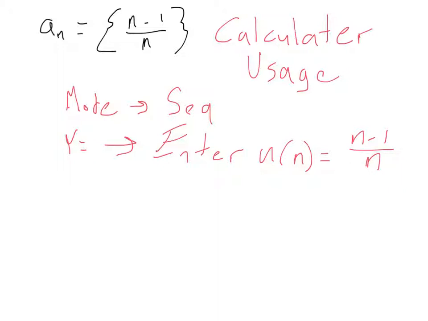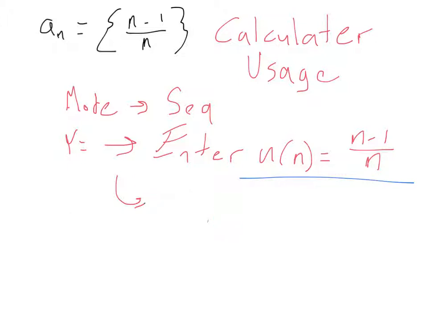And so you have u sub n, and then if you go down, you have v sub n, which is just another sequence you can enter, and w sub n. Primarily, we want to keep our minimum n at 0, but you can make your n min whatever you want. That's just the first value that it's going to use. But this is pretty much all you have to do. If you just enter your sequence, you can then hit table, which would be second graph.